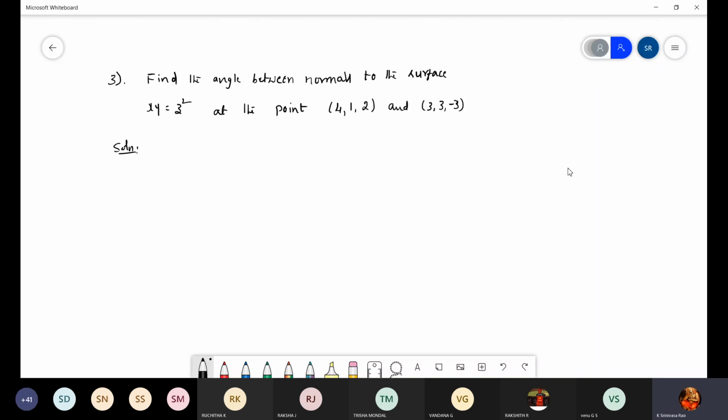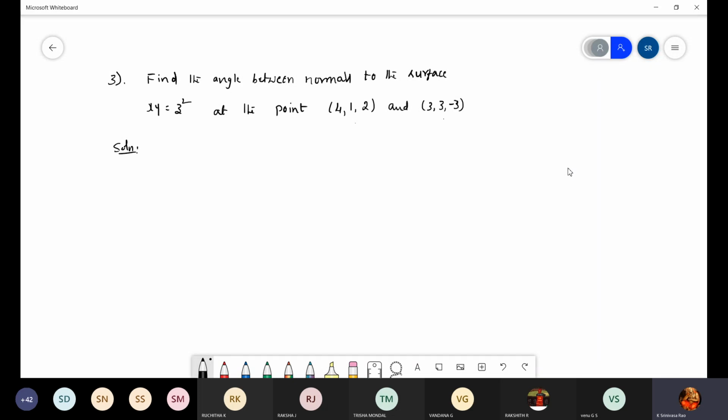They are given 2 points. If I substitute the first point, you will get a normal vector that you take as n1. And for the same surface, same grad phi, if you substitute the second point, you will get another normal vector that you take as n2, and then calculate the angle. First we will write the formula.